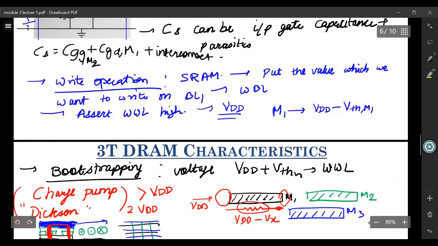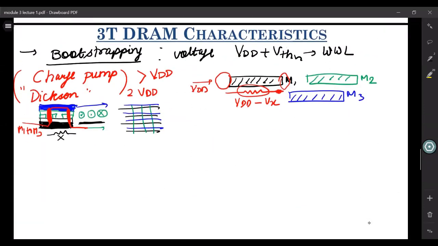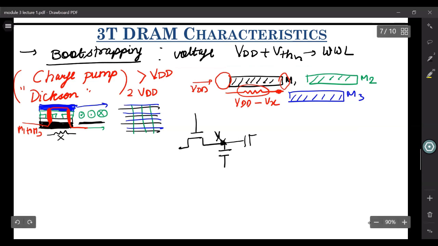So as I told you, what happens here is, you have this access transistor like this, and you have this node X. Let's say this node is called X, and you have your capacitor, which is nothing but the input gate capacitance of this transistor, and then you have another transistor.